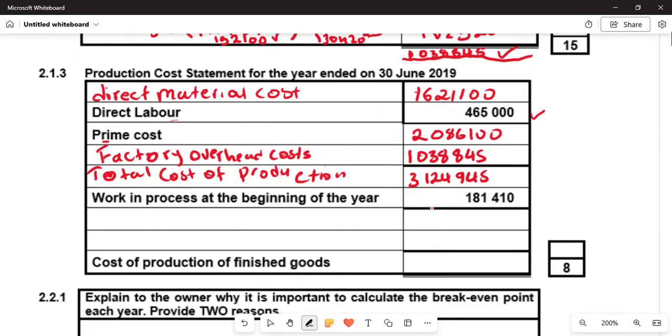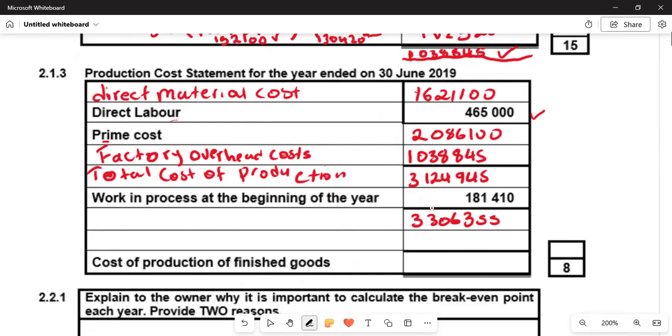So when you add these two, they will give you 3,306,355. That is what they will give.